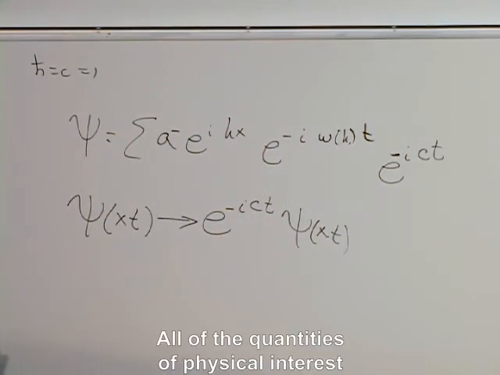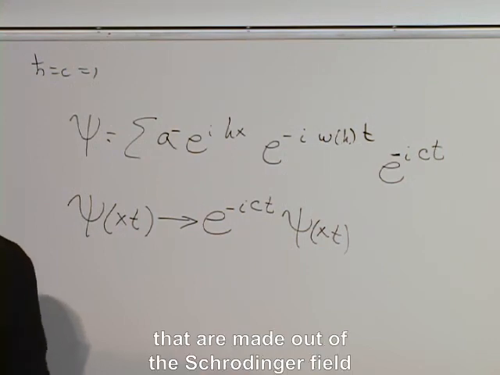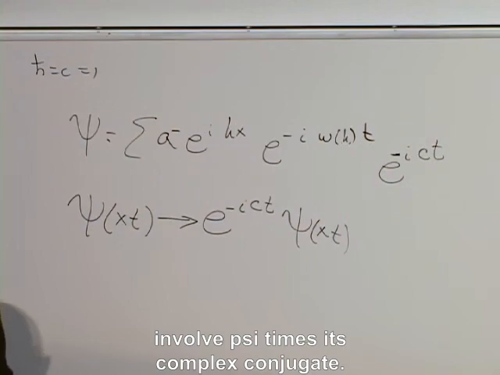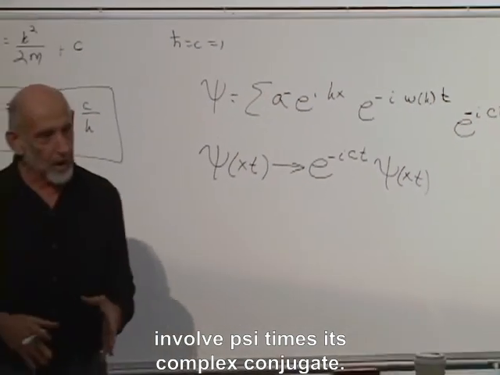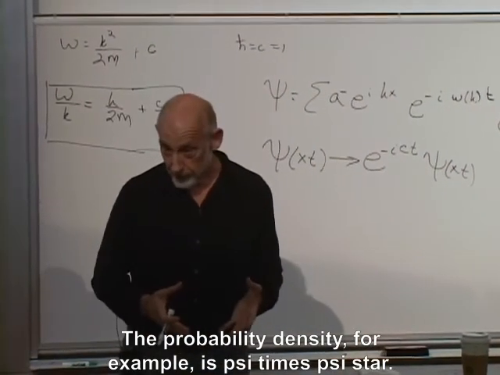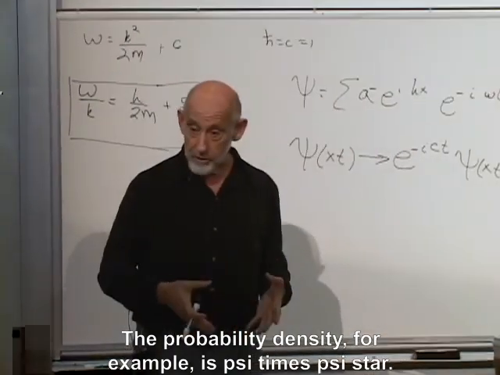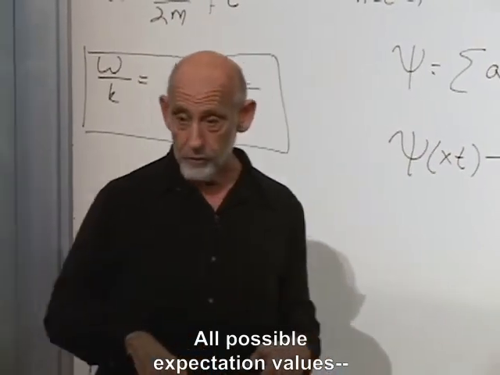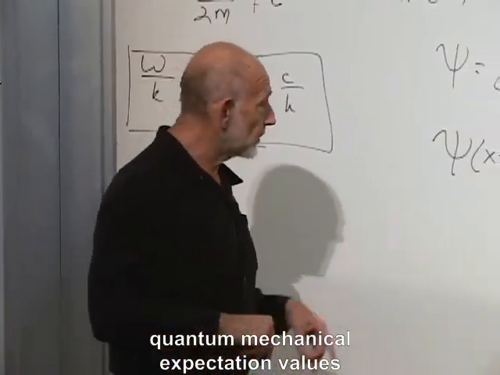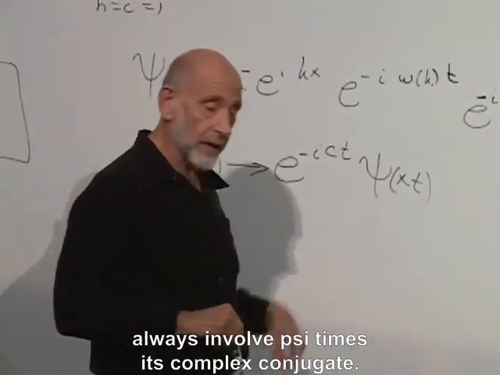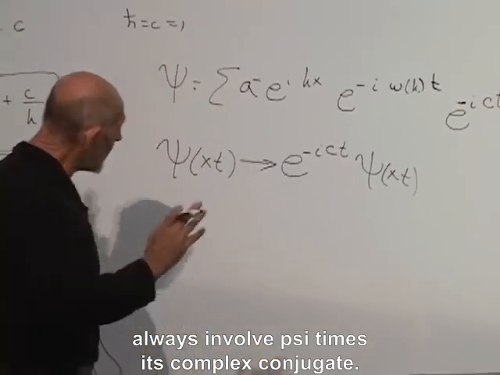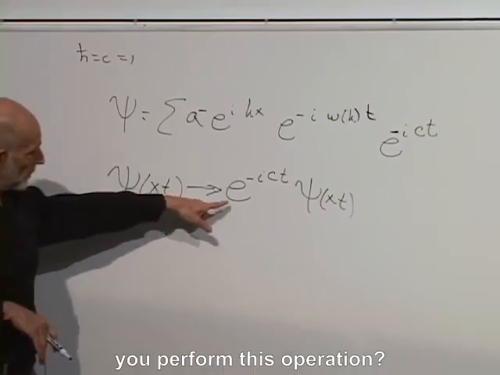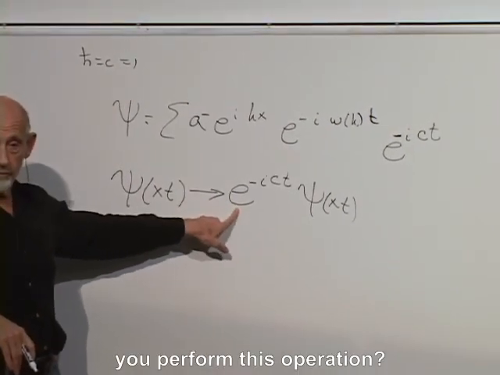All of the quantities of physical interest that are made out of the Schrodinger field involve psi times its complex conjugate. The probability density, for example, is psi times psi star. All possible quantum mechanical expectation values always involve psi times its complex conjugate. So what happens to psi times its complex conjugate when you perform this operation?